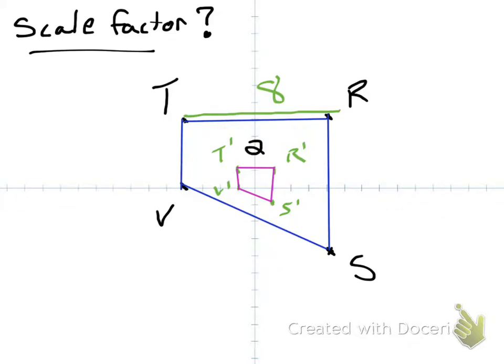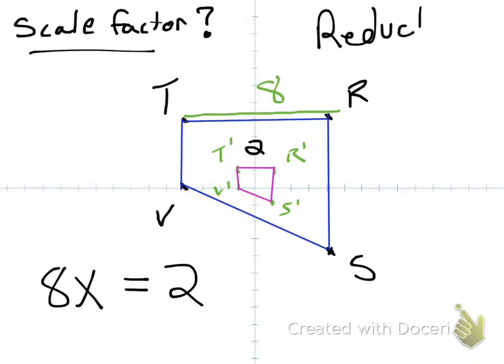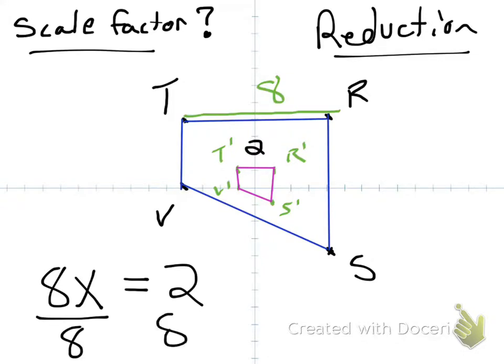So I know that 8 times something gives me 2. I know it has to be a fraction because it is a reduction, because it gets smaller. So I solve this for x, dividing by 8 on both sides, and I get x is equal to 1/4. And that's it. That's my scale factor.